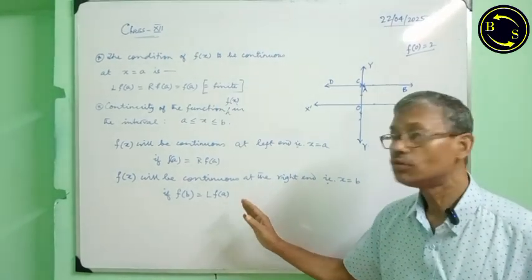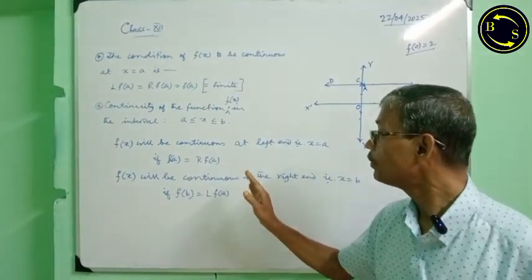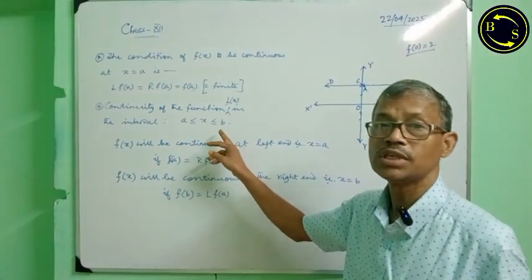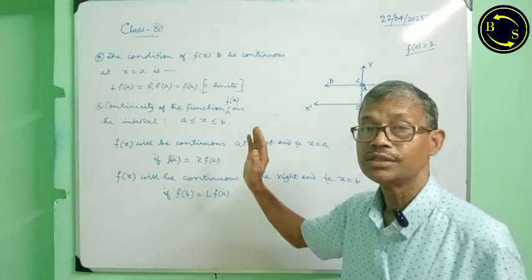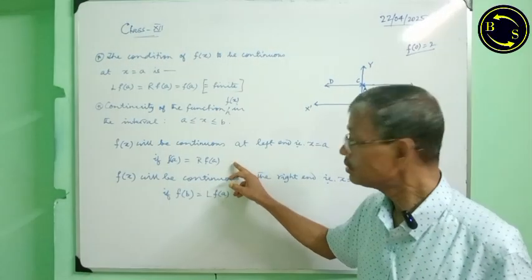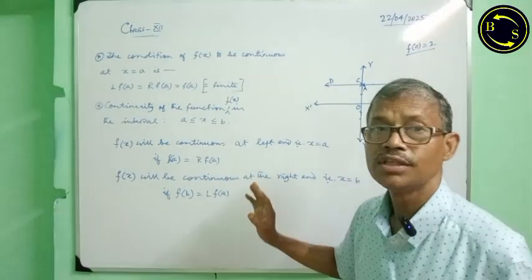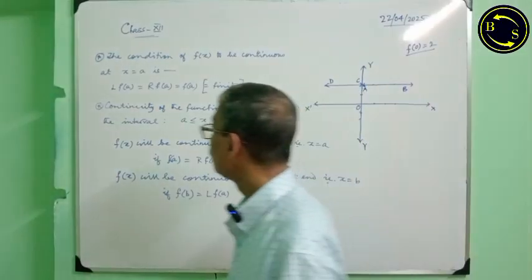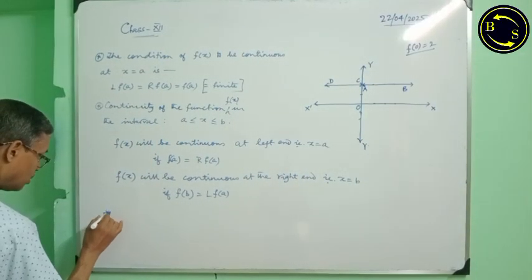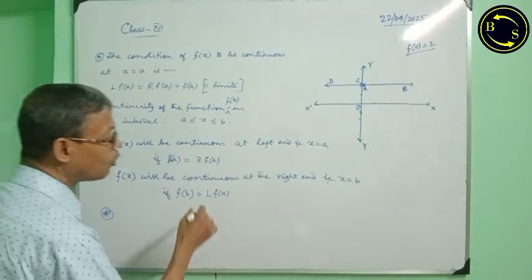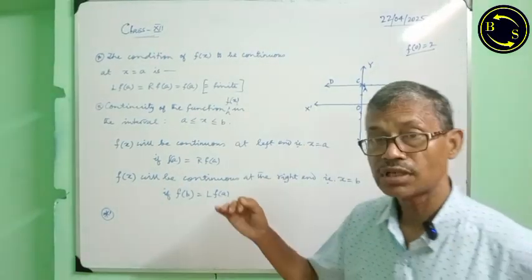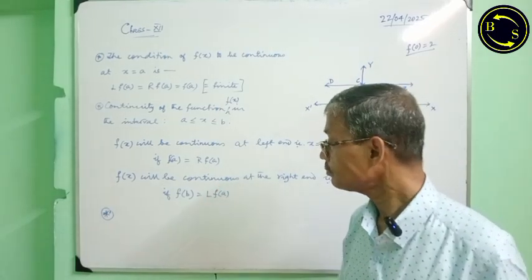Since we don't know the value of the function f(x) for the values which are greater than b, therefore for the two endpoints the condition of continuity will be these two. And for all other points within a and b, the function f(x) is continuous.